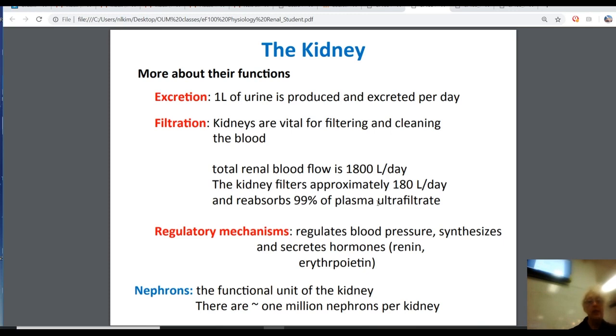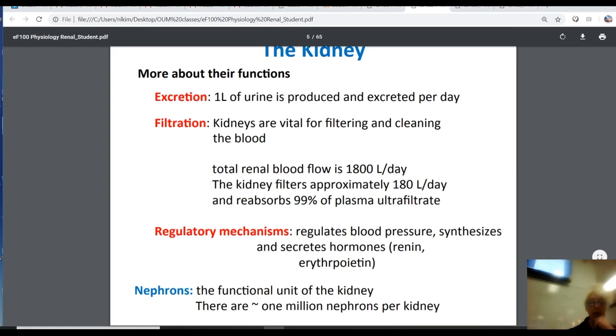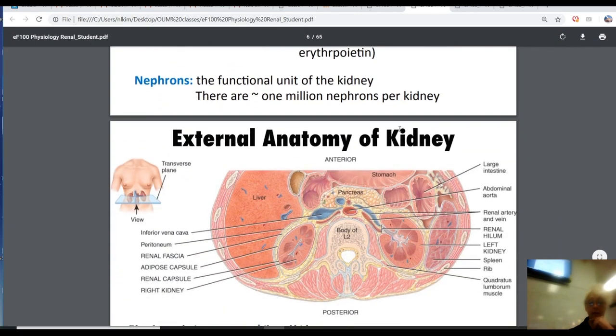The reason for that is we don't want our body to excrete all our plasma proteins because we need them. So the kidney's designed miraculously so it doesn't excrete all the necessary proteins, electrolytes, and other elements that we need to regulate our homeostasis.